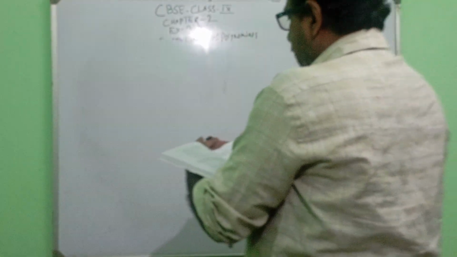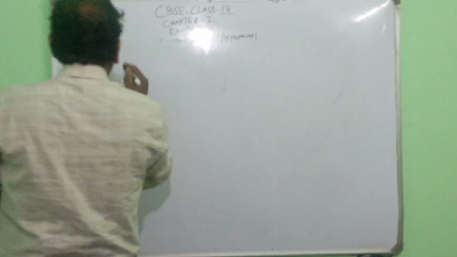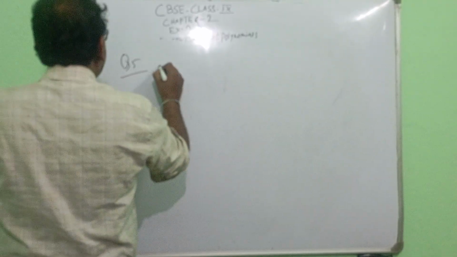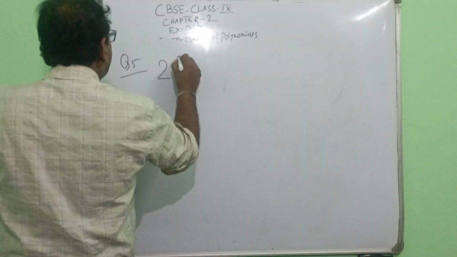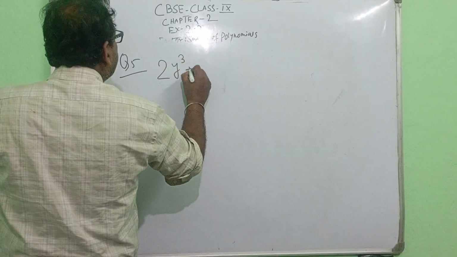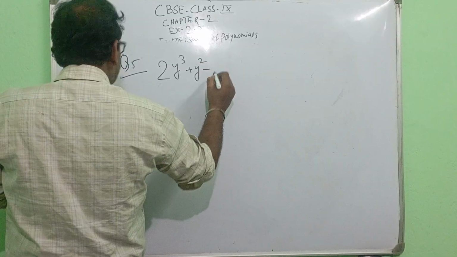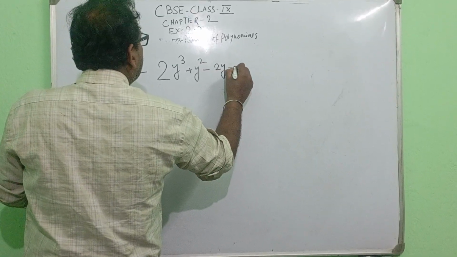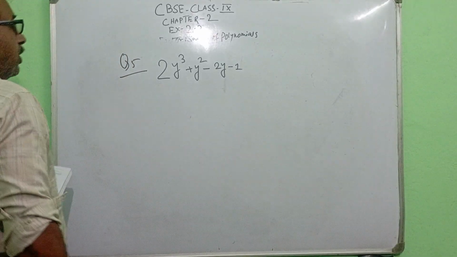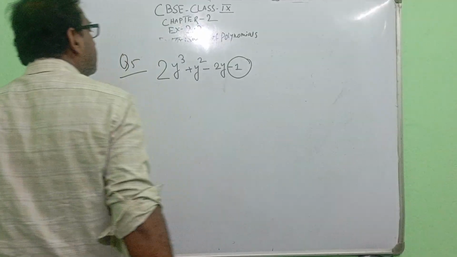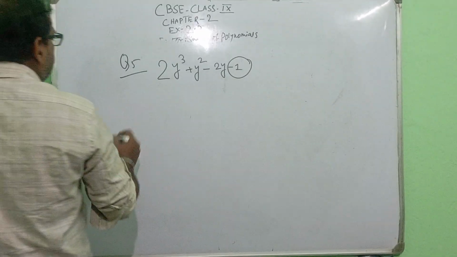Here, for question number 5, they have given a cubic polynomial. What have they said? 2y cube plus y square minus 2y minus 1. For a cubic polynomial, we take the constant, that is minus 1.